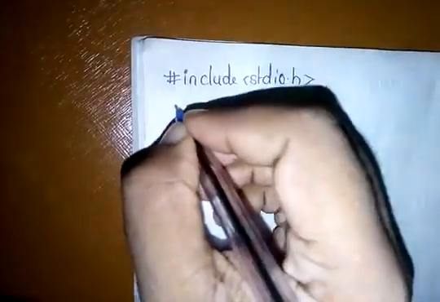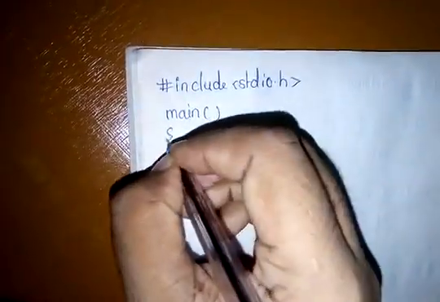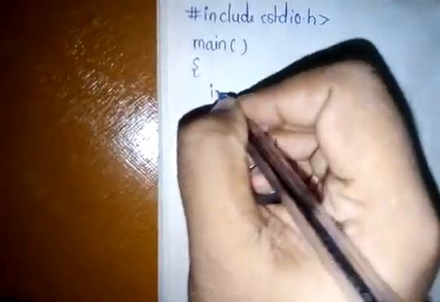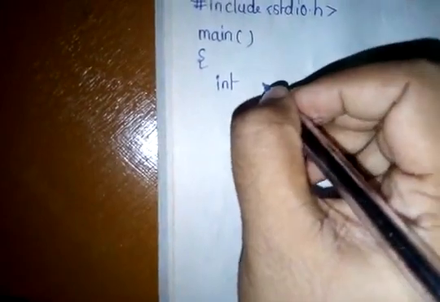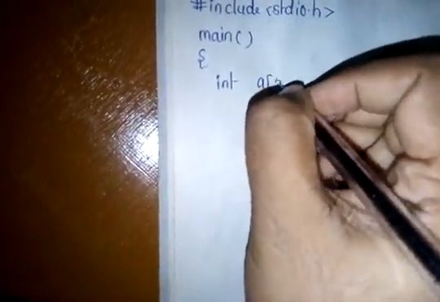So start the program by including your header file stdio.h, then the main function. Now what are the variables we need: int array of 5.